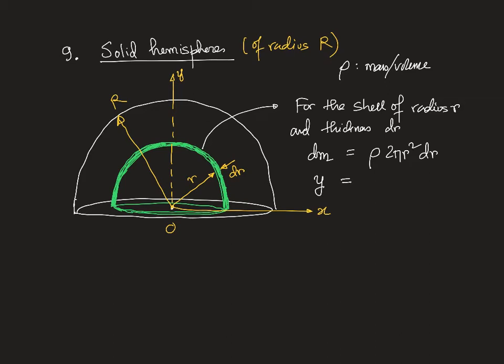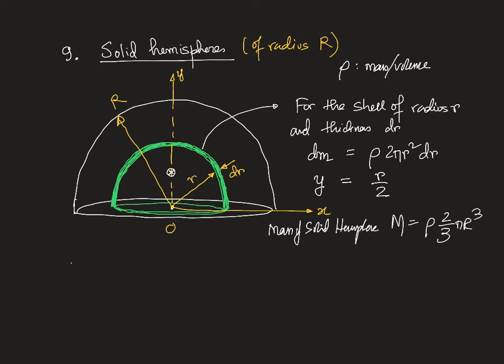The y coordinate means this whole shell will be represented at its center of mass. So that is equal to r by 2. Now the mass of the solid hemisphere, capital M, is rho times 2/3 pi r cube.